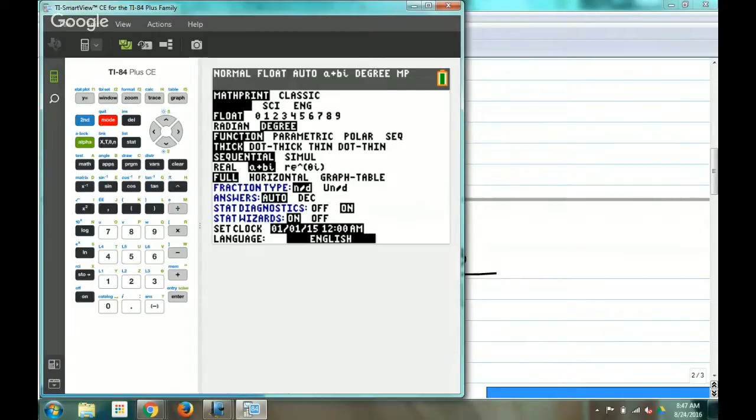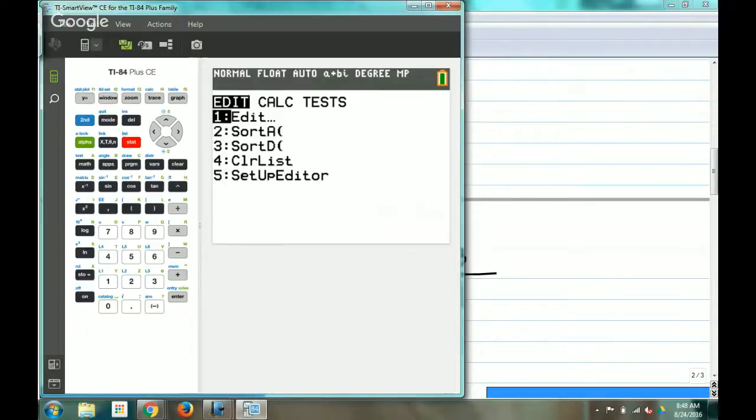Now, once you've got those turned on, everybody got those turned on? Let's just press the stat button. We don't need second yet. What we want to do is edit some lists. We want to put the ordered pairs for number 12 in a list.